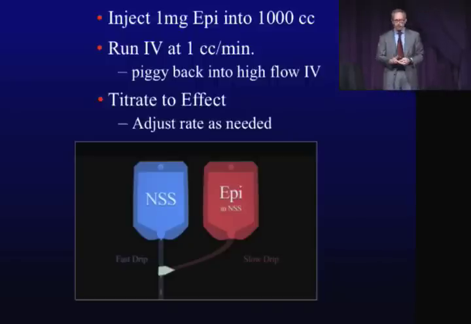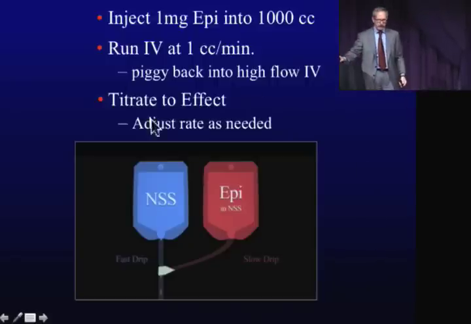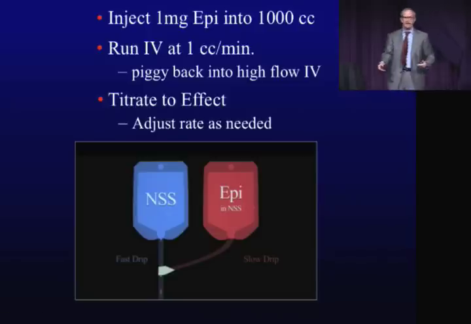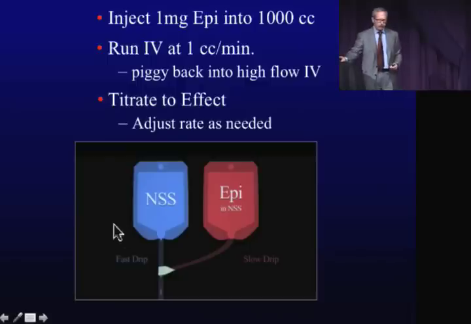And what you're going to do is you're going to take your 1 milligram and you stick it in a bag. You're going to start this bag at 1 cc a minute. But if you give somebody who's dying fluid at 1 cc a minute, it's going to take about an hour and a half to get into their heart. So you obviously have already started, or should already start, in any person who's in extremis, a liter of saline going wide open, and you're going to piggyback in the epinephrine into the high-flow IV.